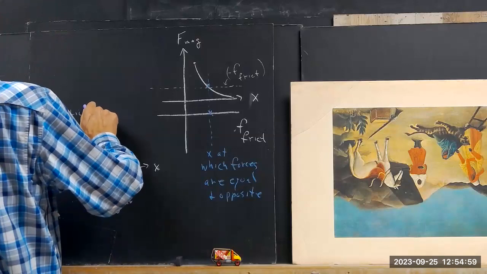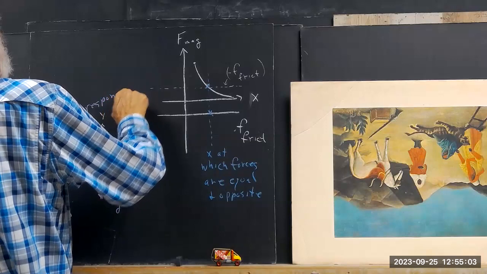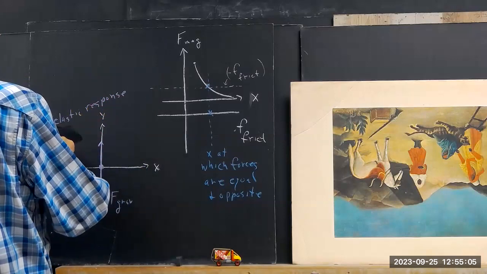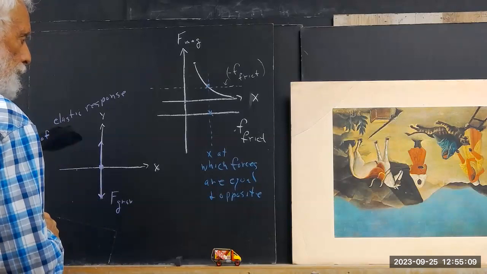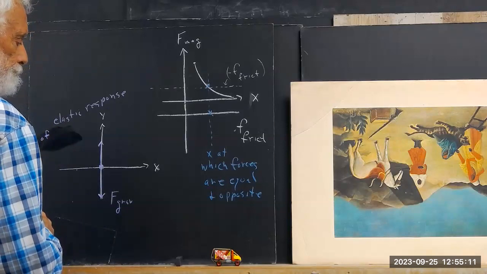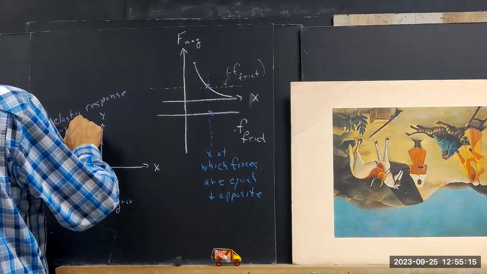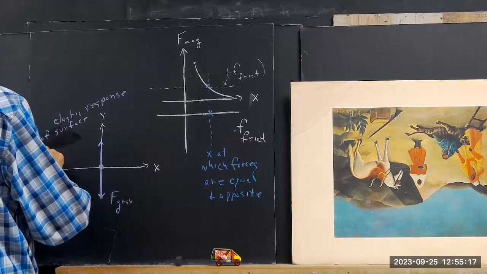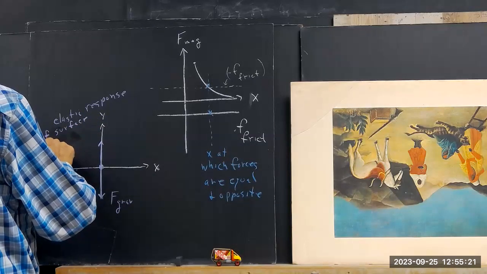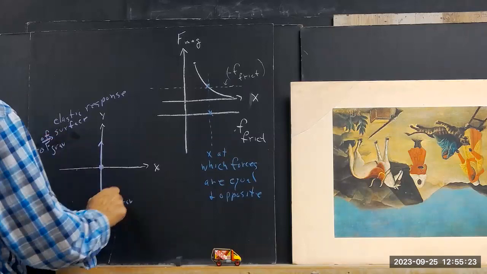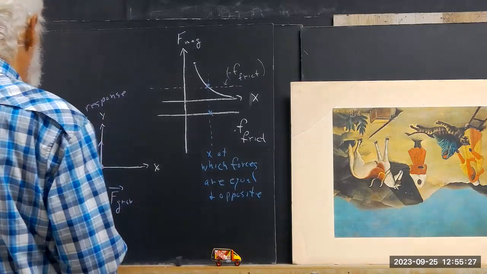Elastic response of the surface is a gravitational force. I'm going to put an arrow over this force and an arrow over this force.